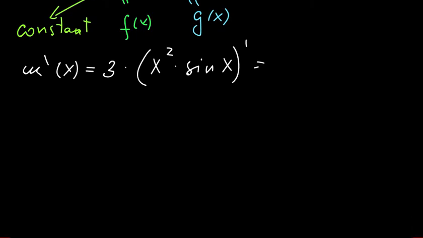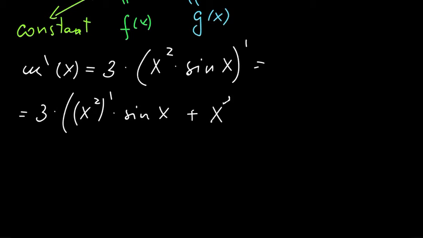Okay, so we get that it's 3 times a derivative of x squared times sine of x plus x squared times a derivative of sine of x.